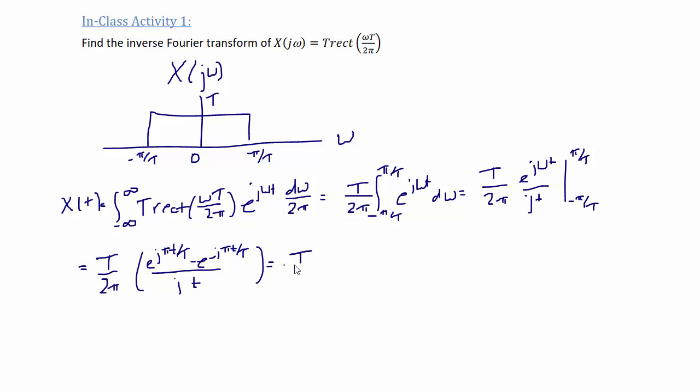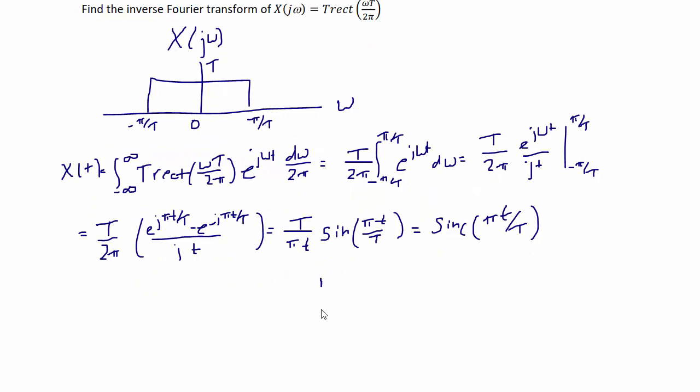So this is T over pi lowercase t times the sine of pi t over capital T, which can also be written as a sinc, the sinc of pi lowercase t over capital T.